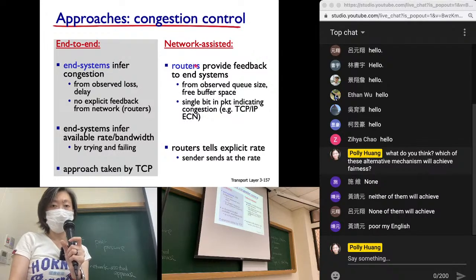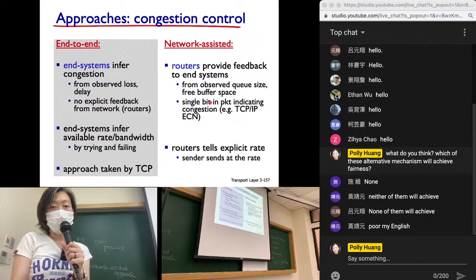If that is the case, then the routers would actually mark some of the packets traveling through the router and use that as feedback to the end system. So for example, if the queue size is too long or the free buffer space is too shallow, mark those bits in the packets.